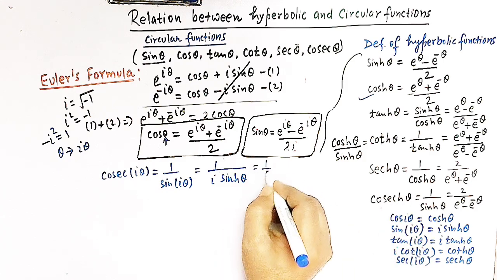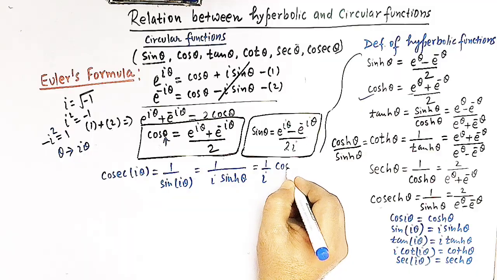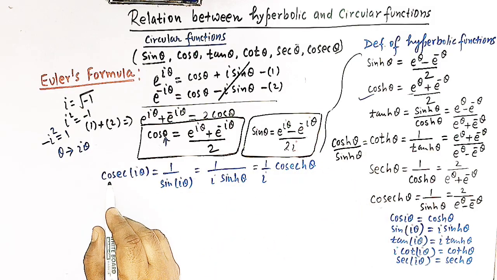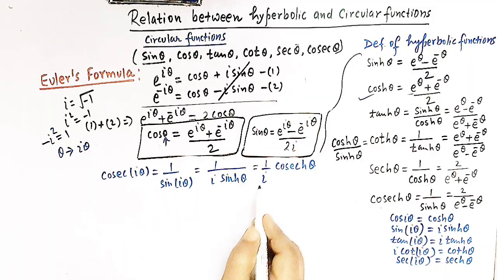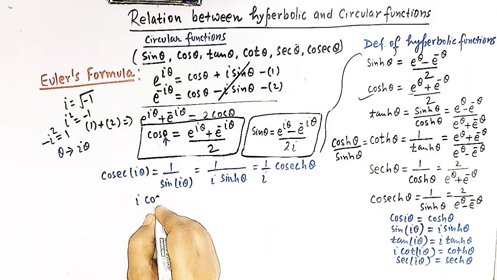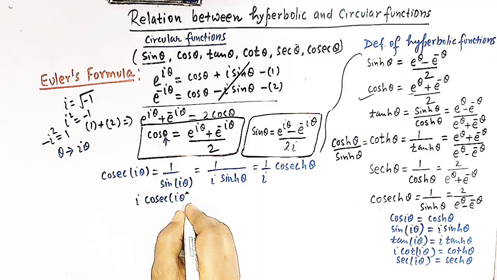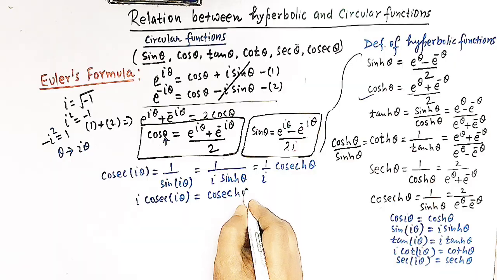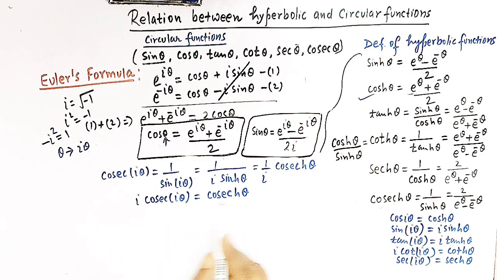So we have 1 over i, and here we have cosech θ. Multiplying cosec(iθ) by i, we have i times cosec(iθ) is equal to the hyperbolic cosecant of θ. So this is another relation.